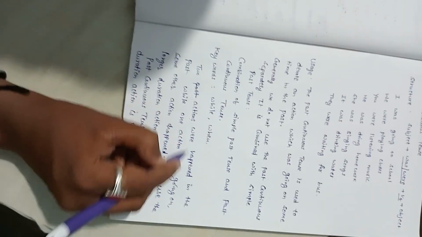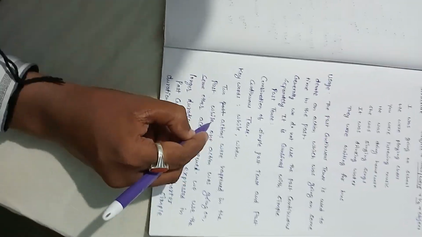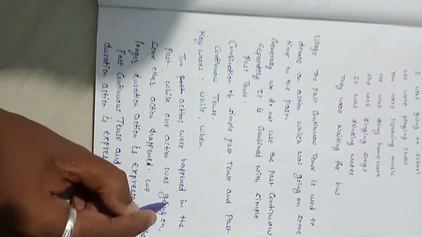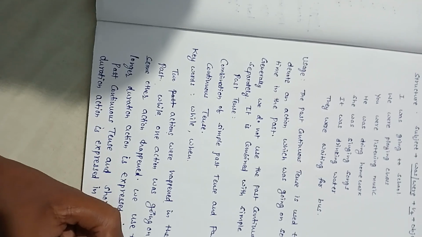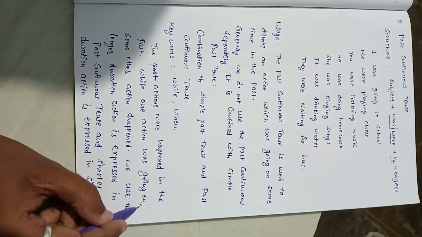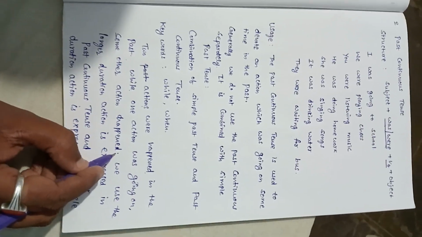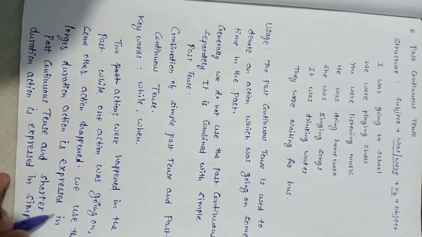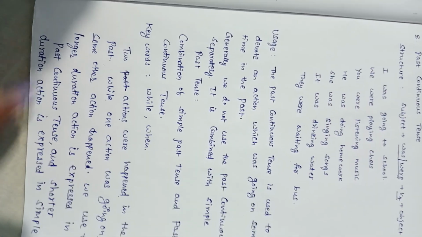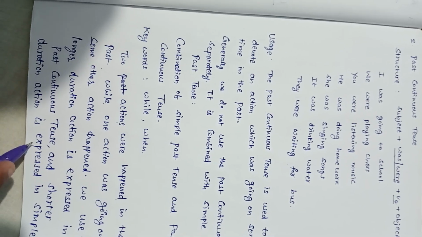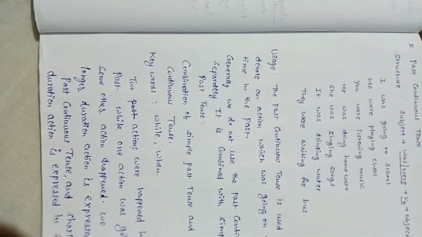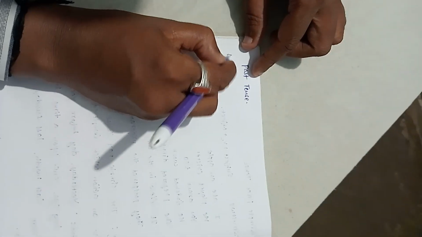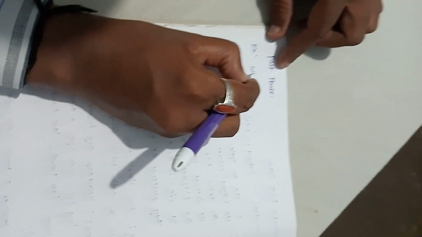Once again, two actions happened in the past. While one action was going on, means it was continuing, some other action happened. Longer duration action is expressed in past continuous tense and shorter duration action in simple past tense. Let us discuss one example here.